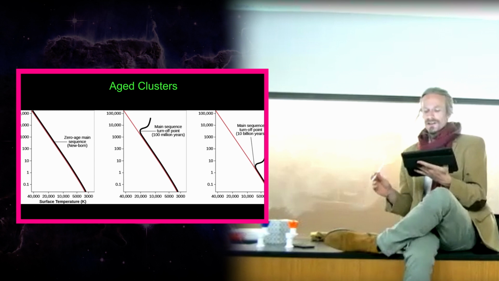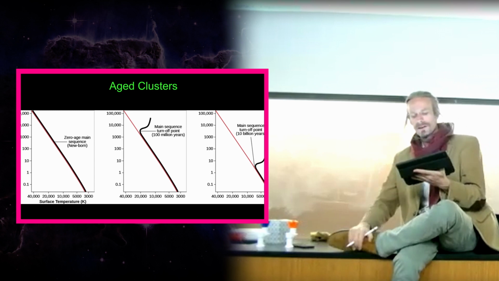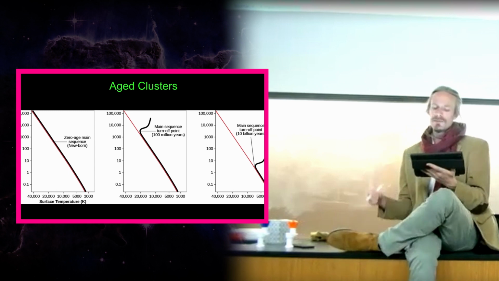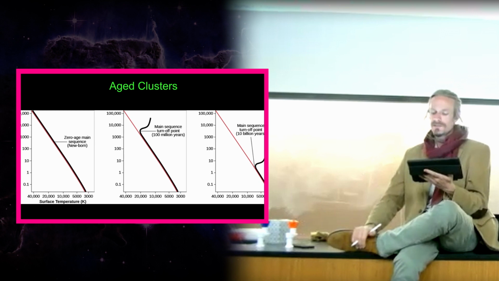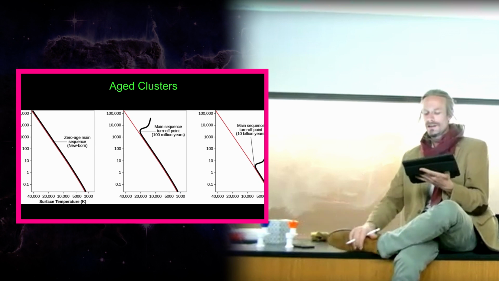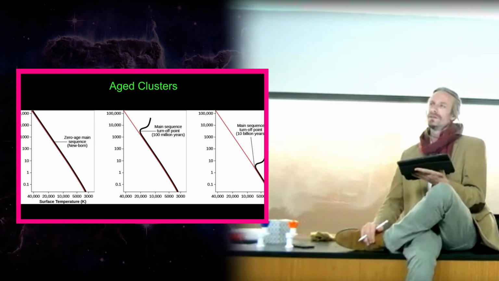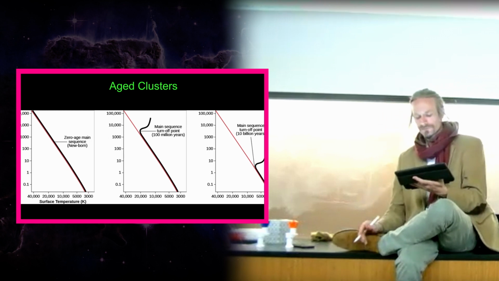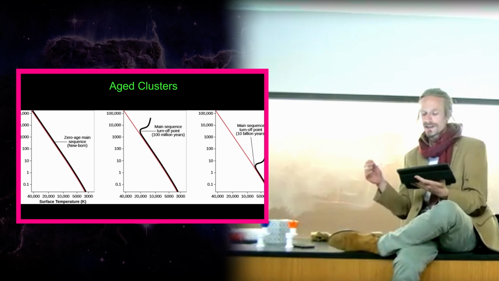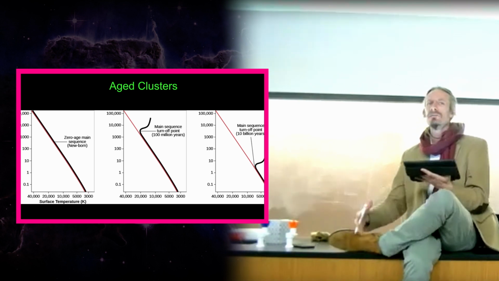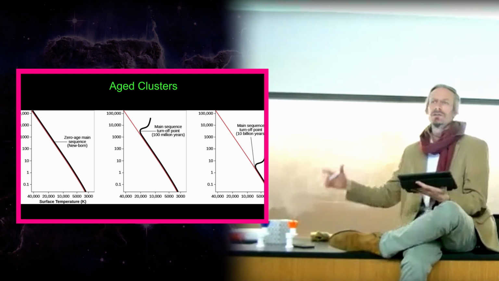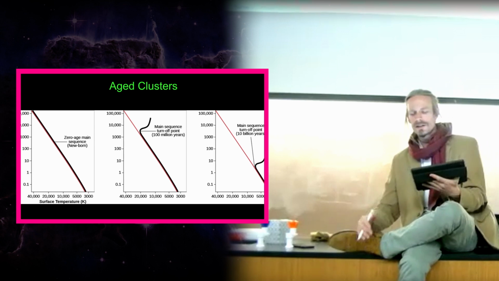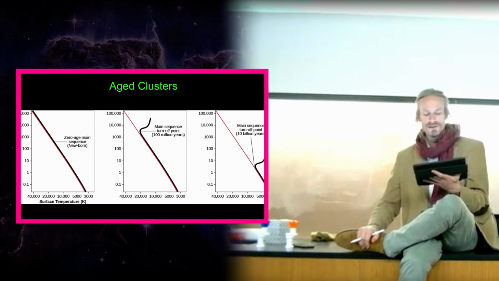The younger clusters, the youngest of the globular clusters in our galaxy, turn out to be older than the oldest open clusters, right? And this makes sense because we're talking about having had the time for these different phenotypes, these different diversities of form, to show up.